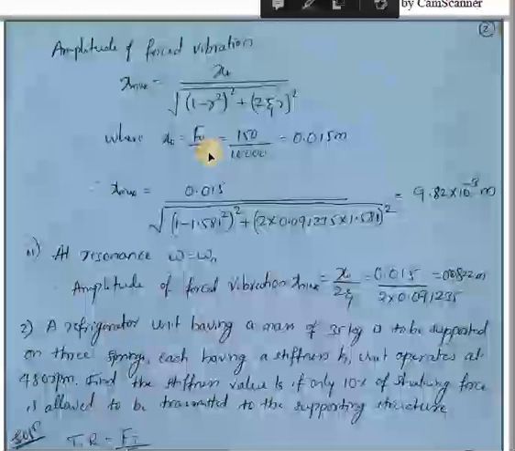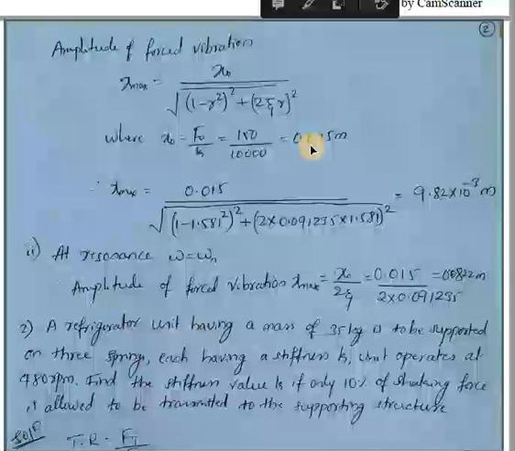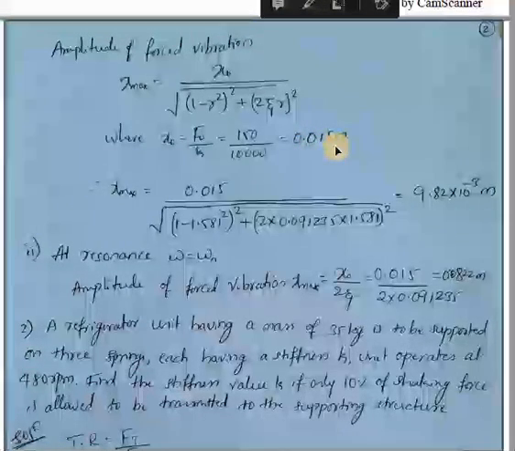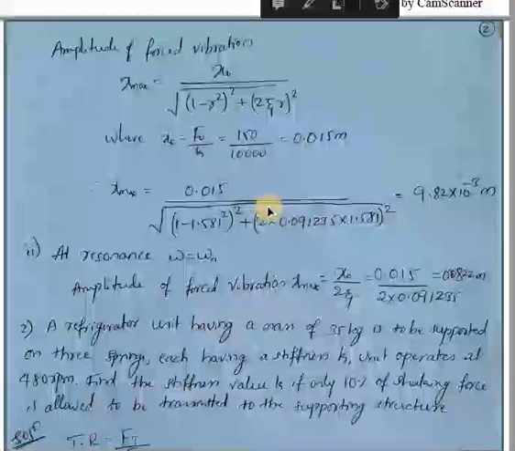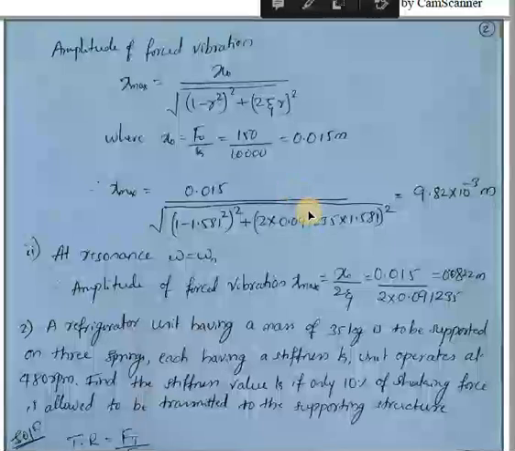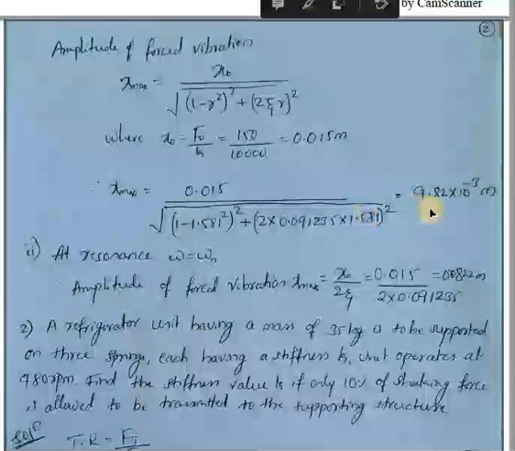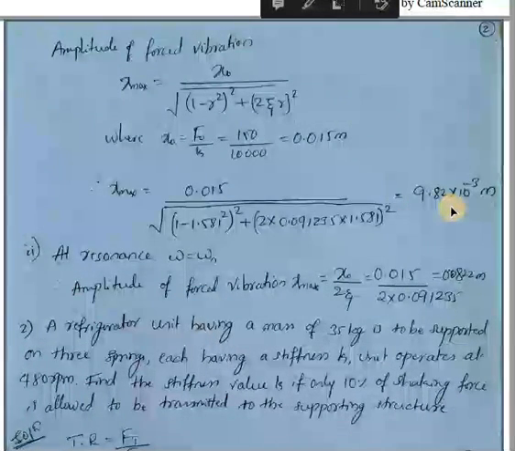F naught and k are given. So from that you can easily calculate x naught as 0.015 meter. If you substitute this x naught value, r and zeta in this equation, you will get x max, that is the maximum amplitude of vibration, as 9.82 into 10 raised to minus 3 meter.